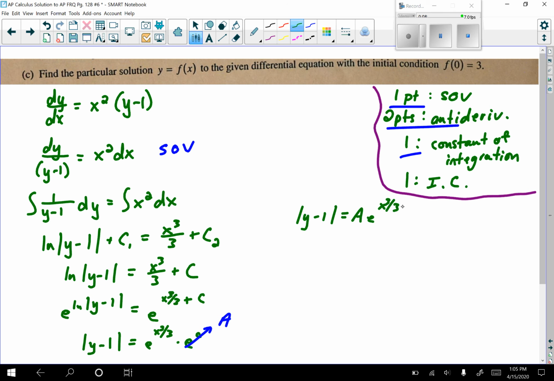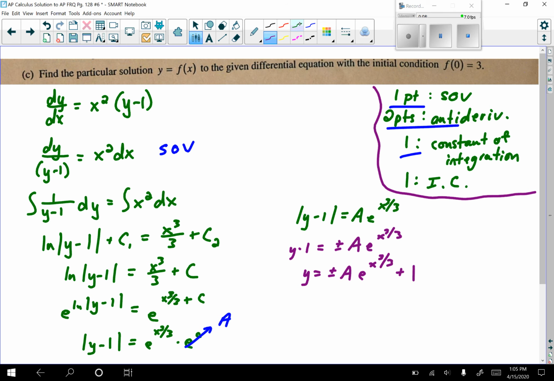So now this is where we separate this and we say, well, y minus 1 could equal, and in this case, yes, technically we could say plus or minus a times e to the x cubed over 3, and then we get y equals plus or minus a times e to the x cubed over 3 plus 1.